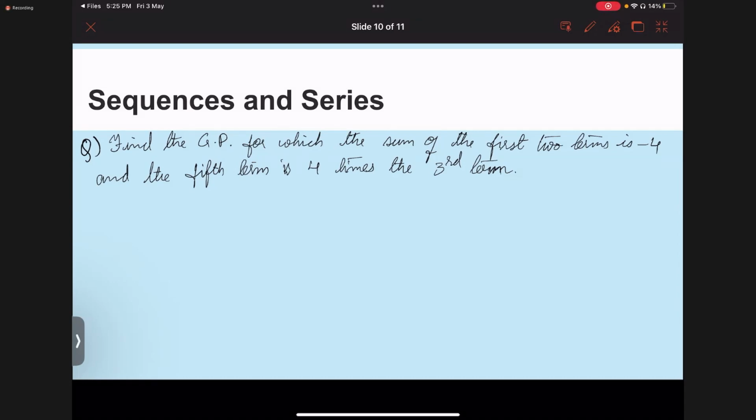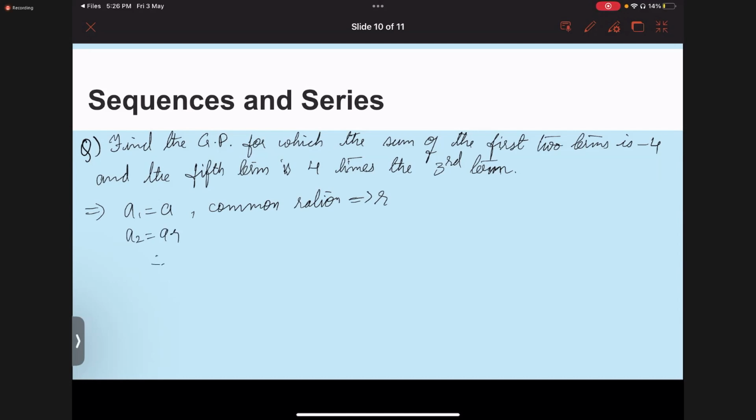Okay, so let's just write it as, our first term will be A, and the common ratio that we usually have is going to be R. Okay, and therefore the sum of the first two terms, so A1 is A, so your A2 will be AR.